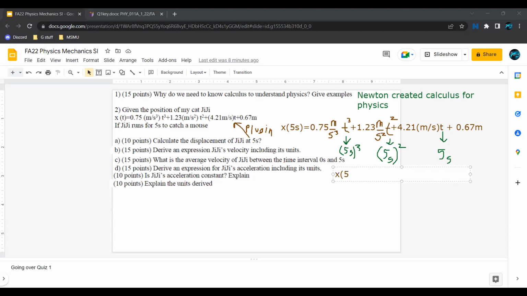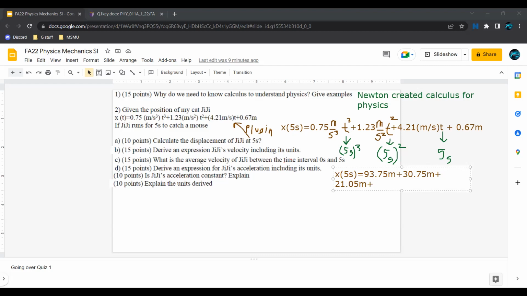I'll do it little by little so that you guys can see. 93.75 meters plus 30.75 meters, 0.05 meters.